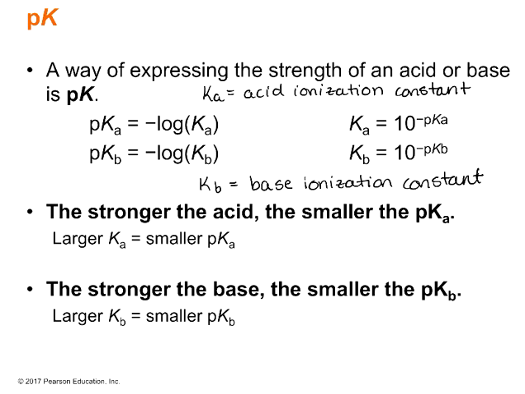Now, if we want to simplify the values that we receive for acids and bases, we can just use the pKa or the pKb values. So pKa is equal to the negative log of the acid ionization constant, and pKb is equal to the negative log of the base ionization constant.